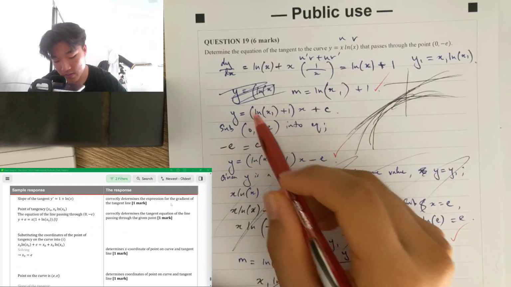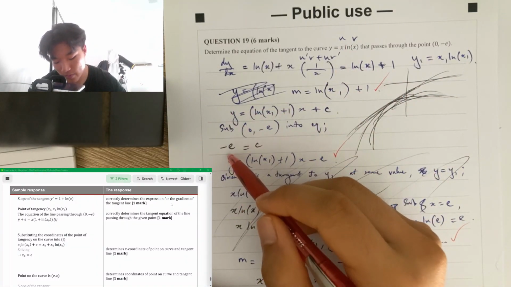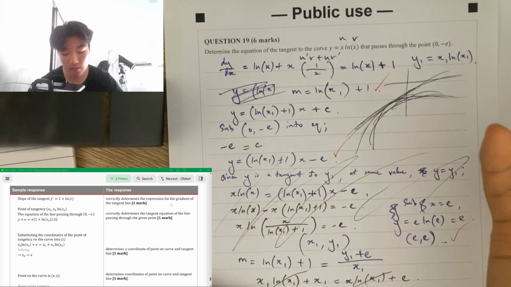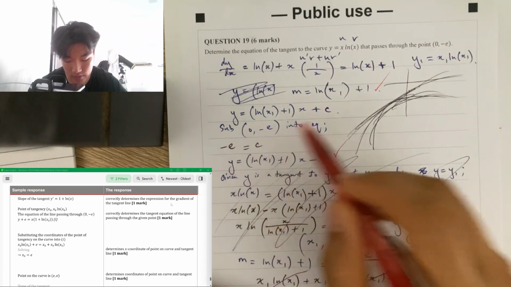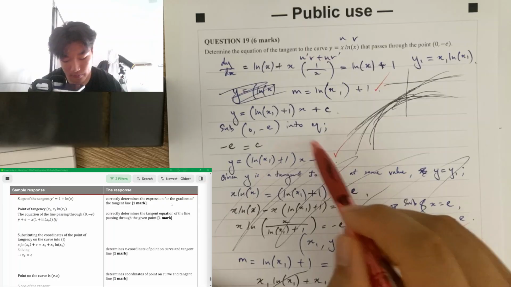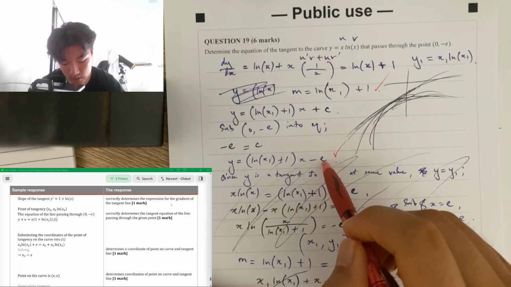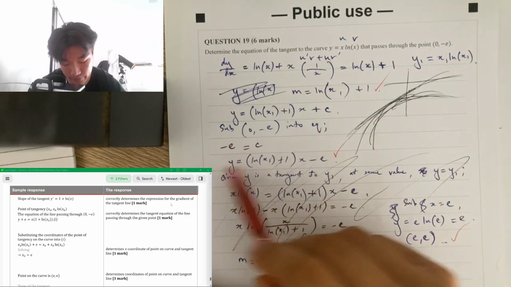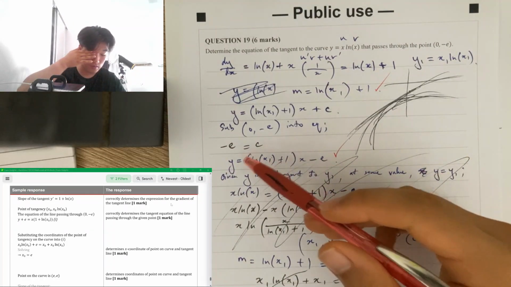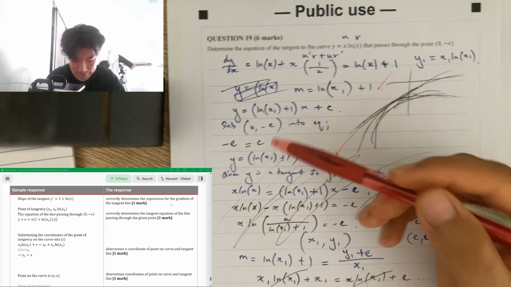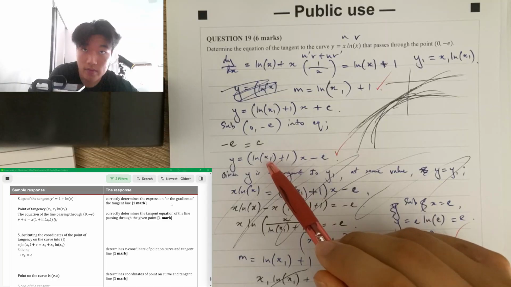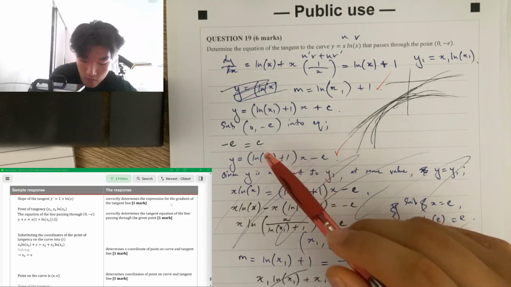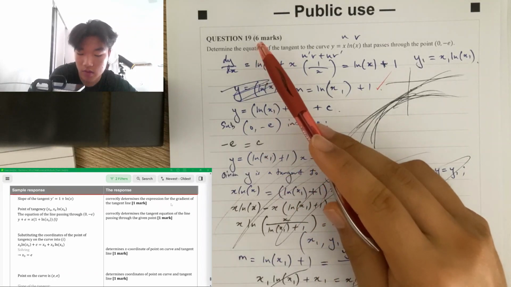So this goes to 0, so then c just equals y, because it's the y-intercept. So it's negative e. So then I subbed c into the linear equation that we determined for the tangent. So it becomes this. Now, we need to work out this x value, because the whole point of this is determining the equation of the tangent.